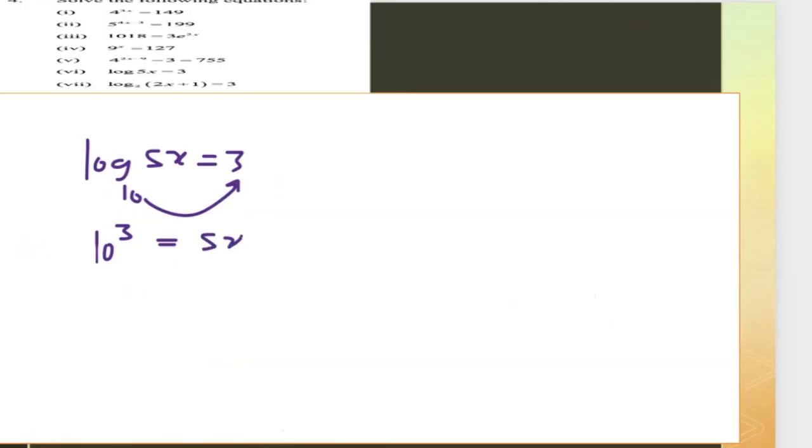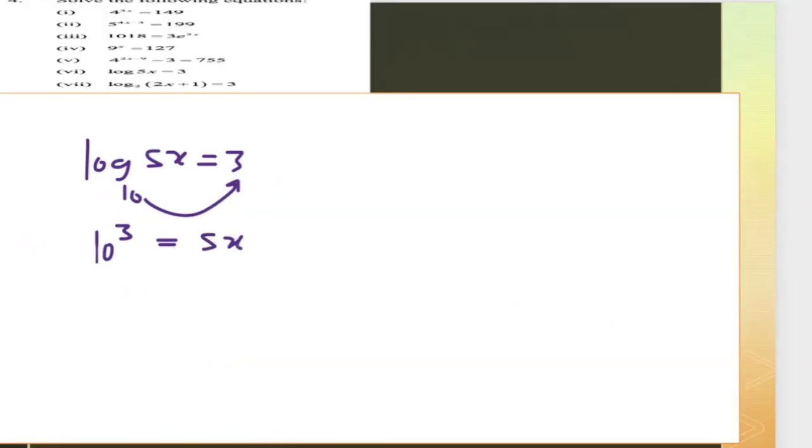Now, don't worry if you're seeing a log question. For example, if we have log 5x equals 3, the base is 10. So you'd write it in exponential form, whereas in the previous one we would put it in log form, or introduce log. We write it in exponential form, so I'd have 10 to the power 3 equals 5x.